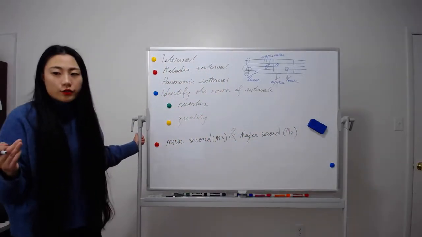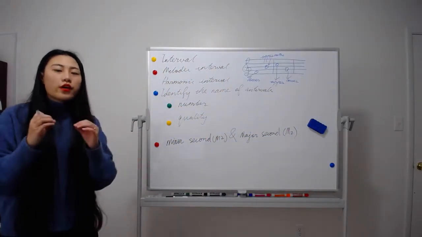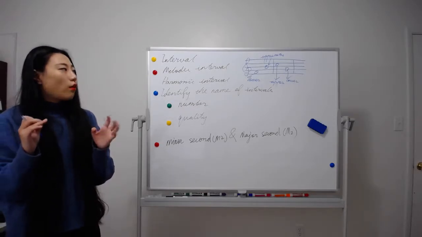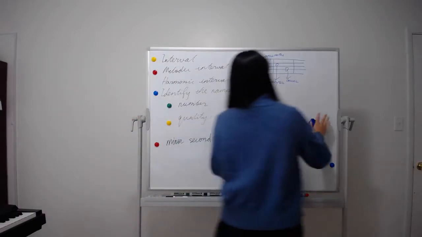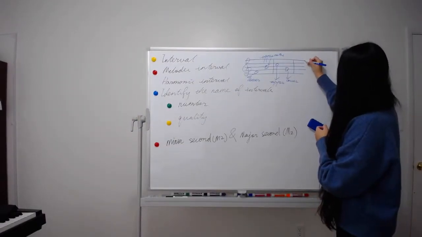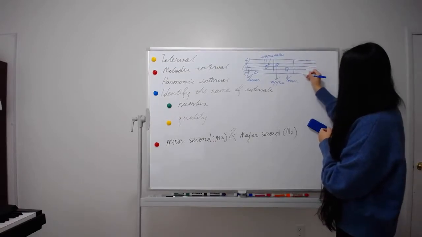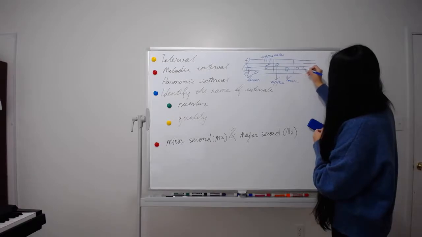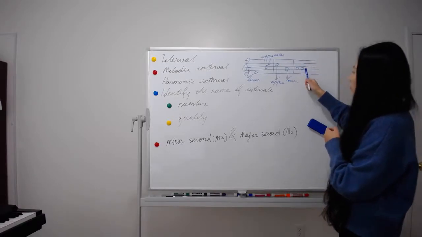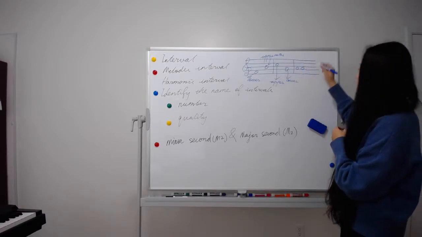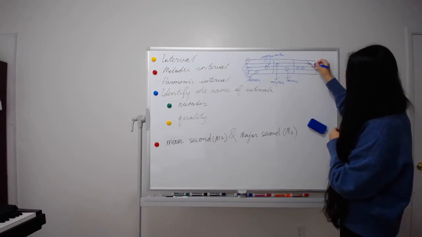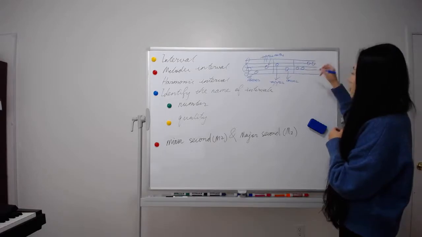And the parallel is the lower notes and the upper notes in the same lines or spaces, like this. In the same space or in the same lines. This is the parallel.